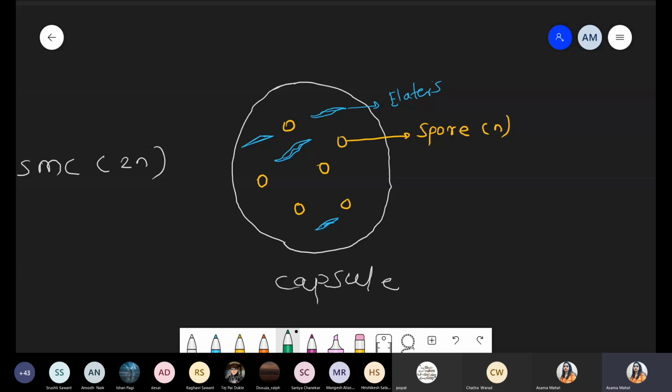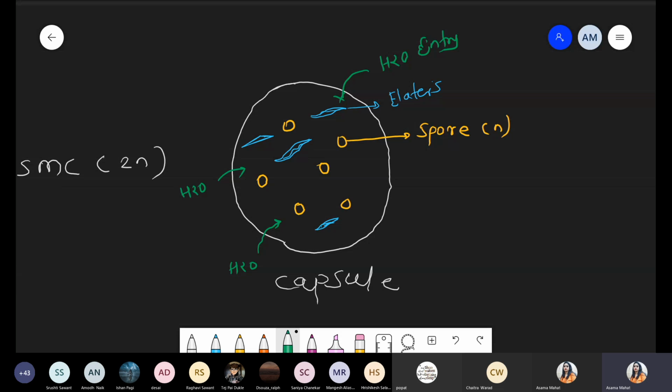So for these elaters, a process can occur, that is endoosmosis. Endoosmosis is nothing but the entry of water. So water enters inside this capsule. You know that if water enters, the cell swells up, right?